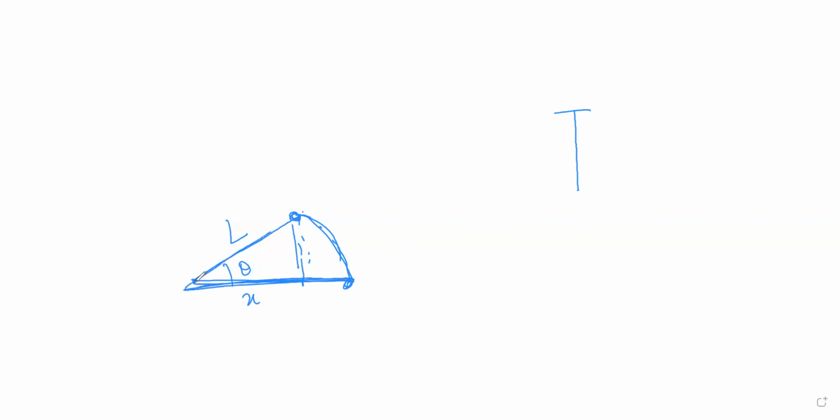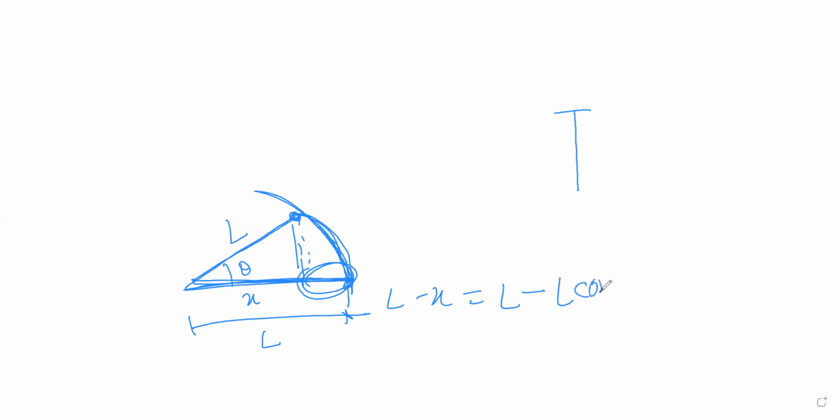Because we are using the same string. It's just going like this, right? So the whole distance will be L, right? So what is this distance? L minus X, right? And what is our X? L cosine theta. That's how we can find 1 minus cosine theta.